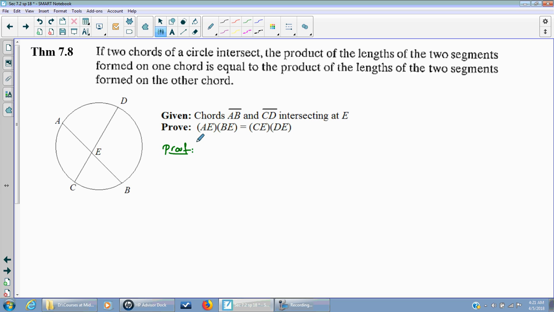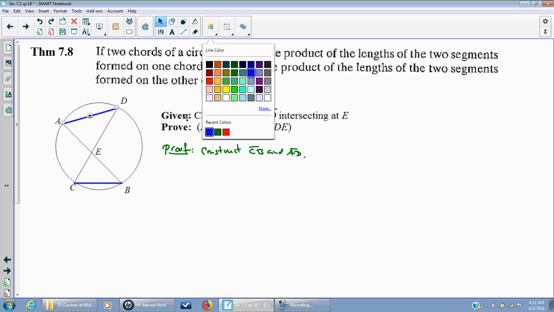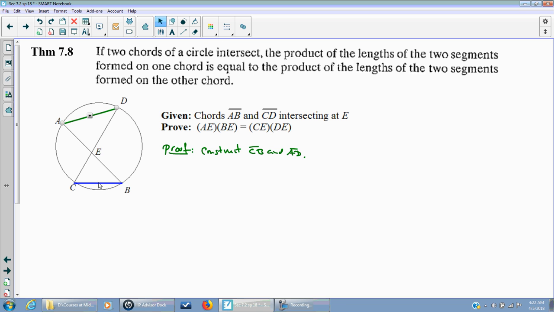So let's draw or construct, however you want to say it, the segments CB and AD. So here's CB and here's AD. We're going to do green on this one. This looks like a green theorem to me.